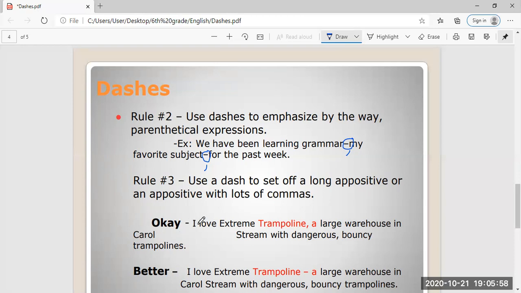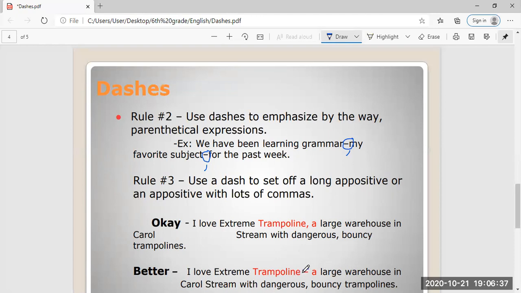The okay one: I love extreme trampoline, comma, a large warehouse in Carrot Stream with dangerous, comma, bouncy trampolines. The better one: I love extreme trampoline, dash, a large warehouse in Carrot Stream with dangerous, comma, bouncy trampolines.